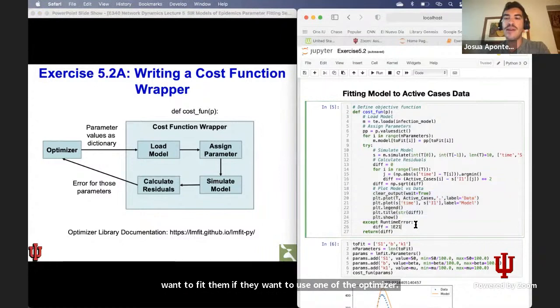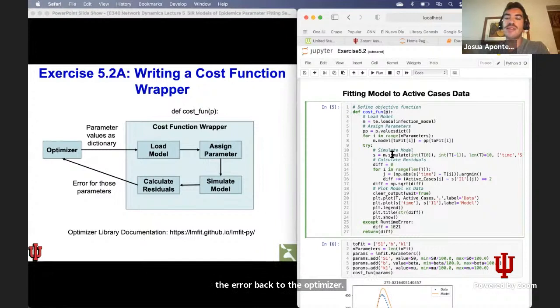So again, the idea here is that with this cost function, we've defined a function that is intended to return the difference between the parameters that it takes in from the optimizer and the experimental data, simulate the model and pass the error back to the optimizer.